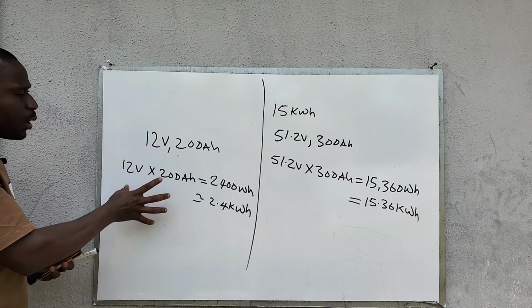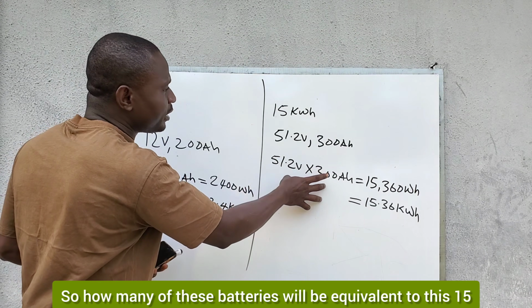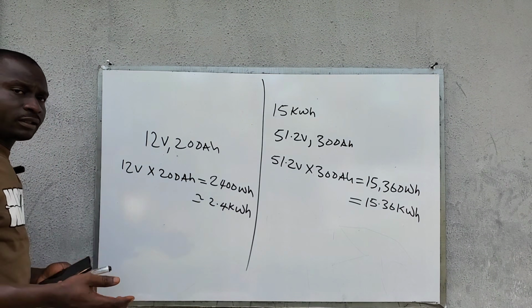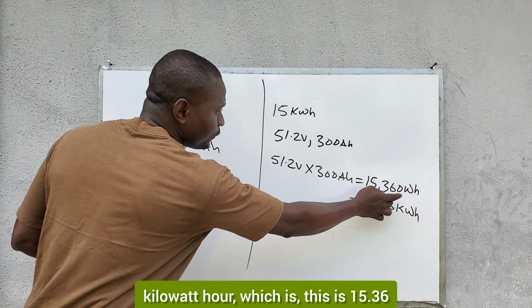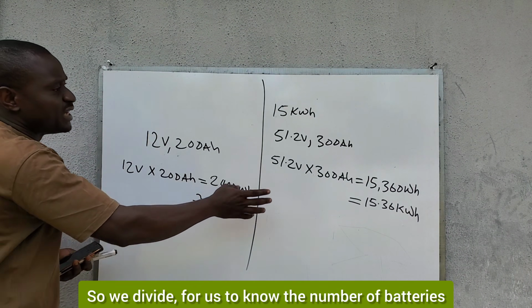So how many of these batteries will be equivalent to this 15 kilowatt hour battery, which is 15.36?